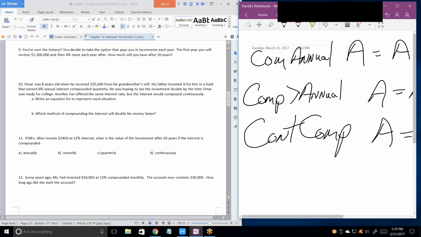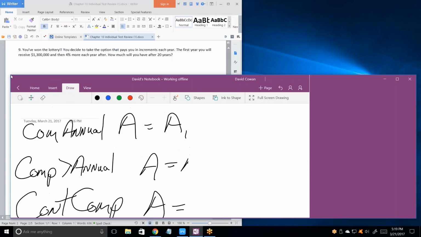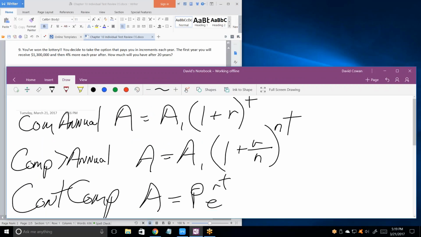So let's look at this problem. We've won the lottery, and we're going to choose to receive 1.3 million with 4% more each year after. How much will you have after 20 years? Well, which formula do I use?